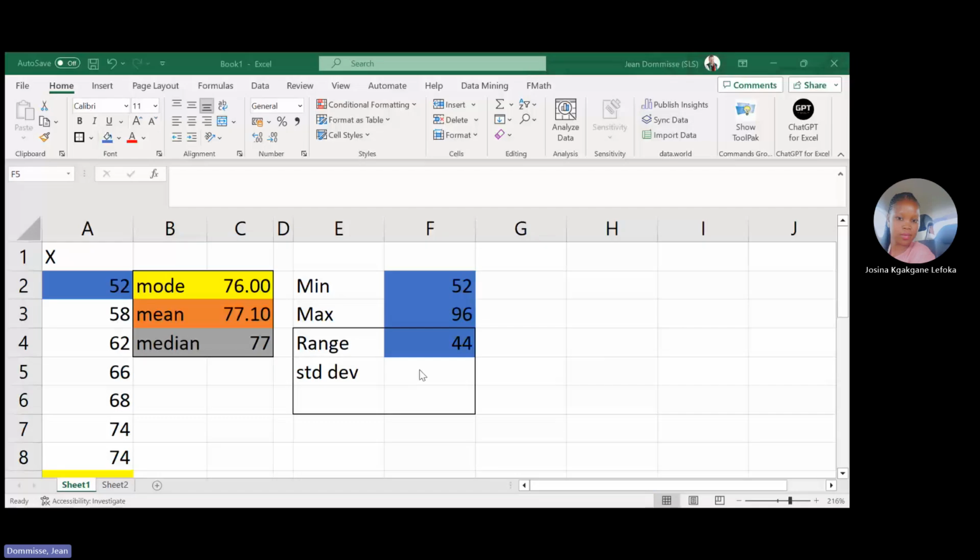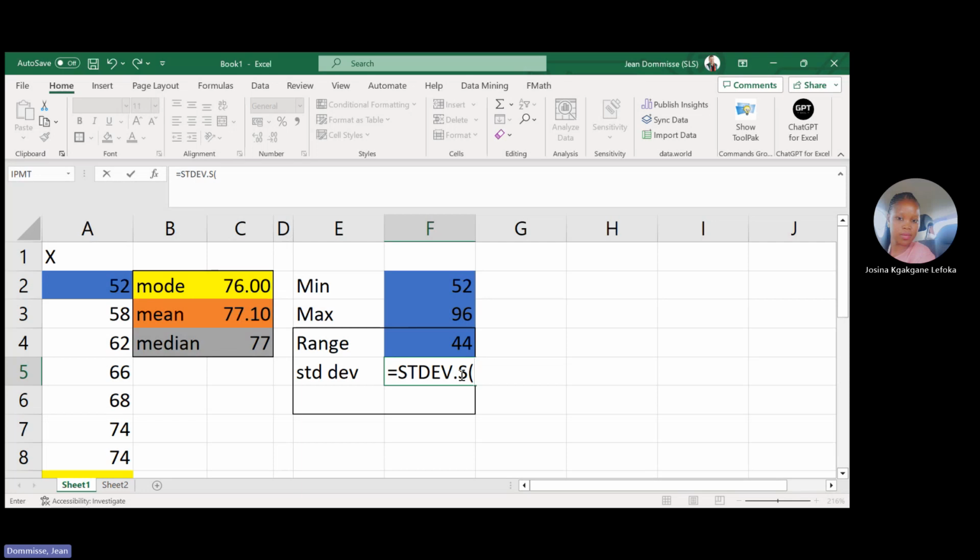So I'll rather show that to you. There is a standard deviation function. The one thing that's very important is they told us we're working with a sample. So then we need to click the one that is with sample.